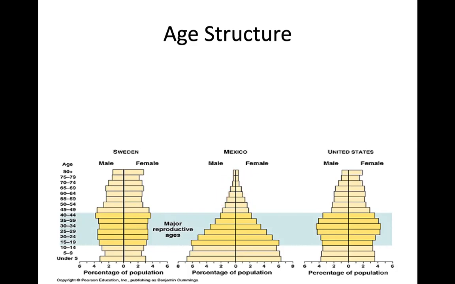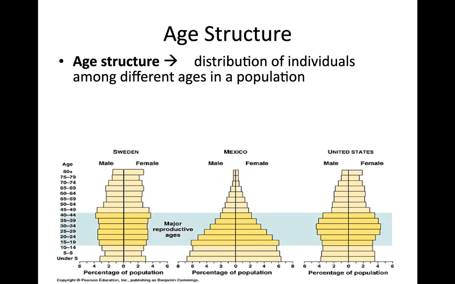So you could make a hypothesis or an inference that over the entire human species, the life expectancy for males is lower than females. This is what's called age structure, the distribution of individuals among different ages in a population.